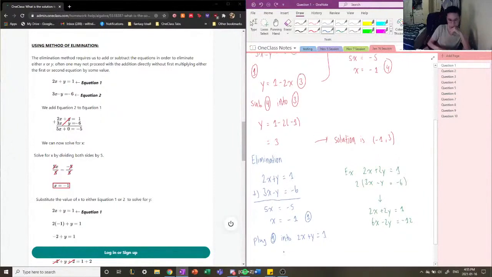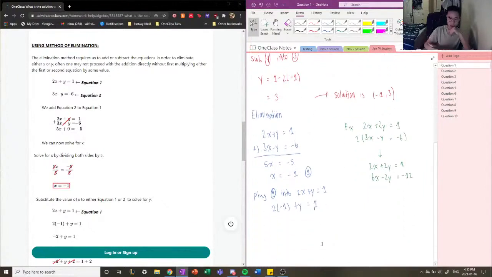Sorry, let me write 2 times negative 1 plus y equals 1. If we isolate for y, we get y equals 3. And therefore, the solution is negative 1 and 3.